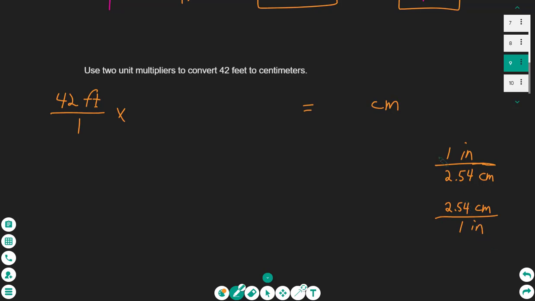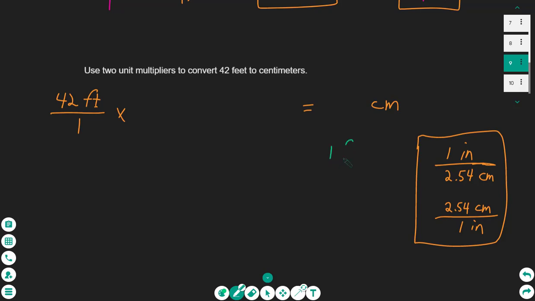Now, this does not get us from feet to centimeters. It actually gets us from inches to centimeters. So if we convert this to inches first, we could then convert the inches to centimeters and get where we want. So we're going to use 2 unit multipliers. This is one set we'll be choosing from, but there has to be another set that deals with getting the feet to inches.